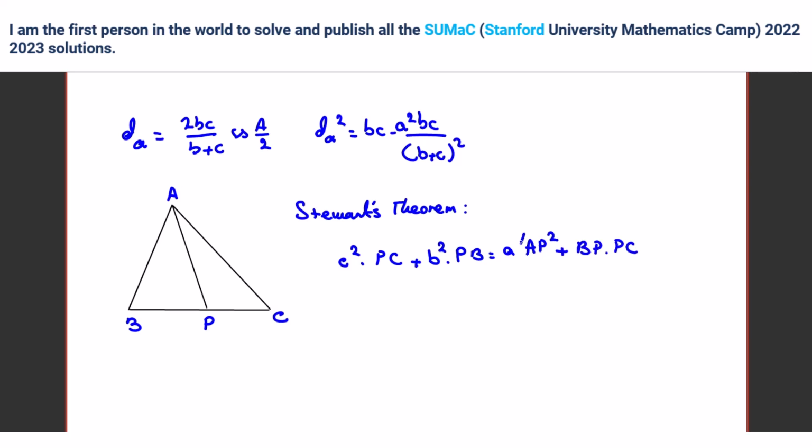Yes, good job. Completely correct. Ratio lemma is what? Sine A1 over sine A2 is BP over PC times sine B over sine C. Completely correct. Good job.